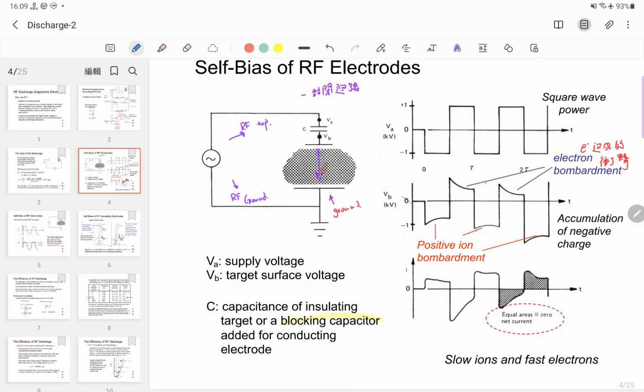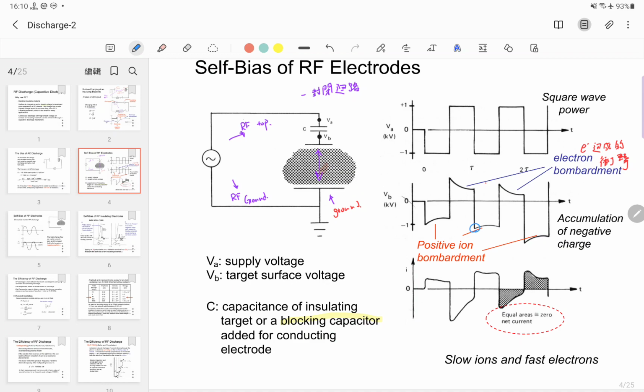Since the electrons in the plasma have a much larger velocity than ions, the neutralization rate in this half cycle is faster.